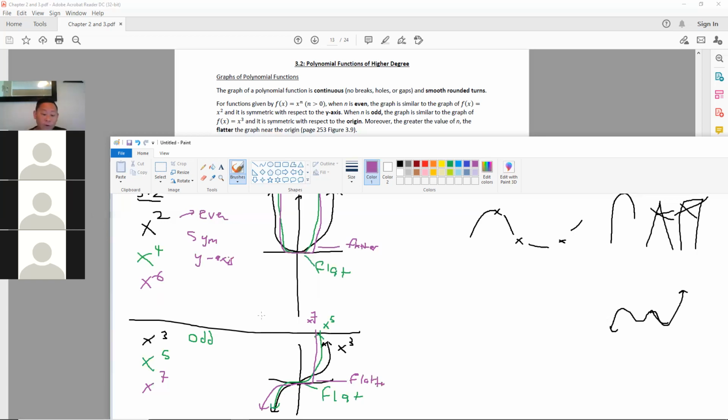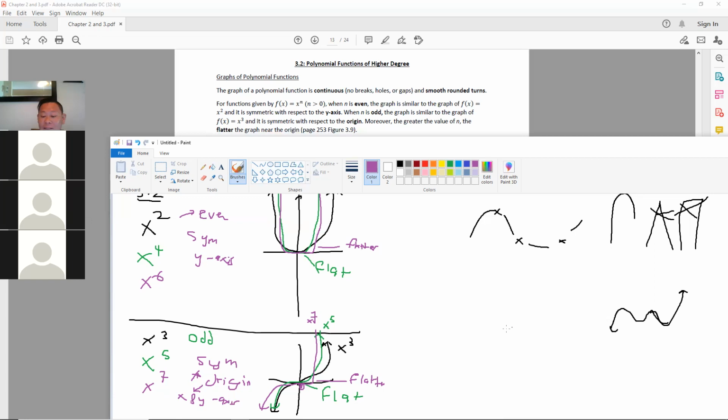For this kind of odd function, it is always symmetric with the origin. What is the meaning when I say symmetry with the origin? It means it's symmetric right about the origin. Sometimes I say flip on both the x and y axis, but usually that's not the correct terminology.